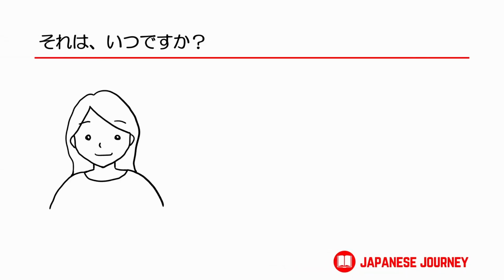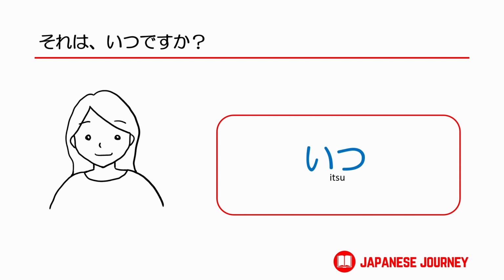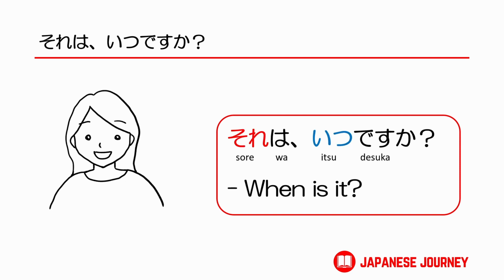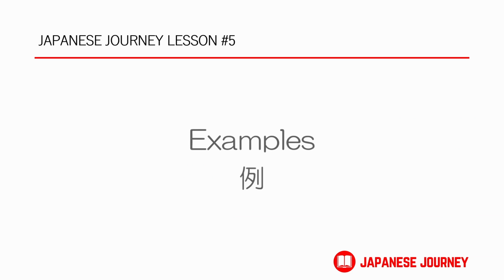In today's lesson, we will learn いつ, which means when. Using the structure of A は B ですか that we have learned in the previous lesson, you change B to いつ and you get それはいつですか? Let's look at some examples.